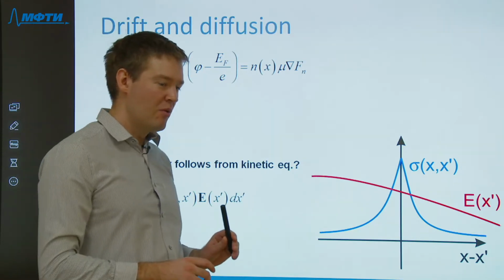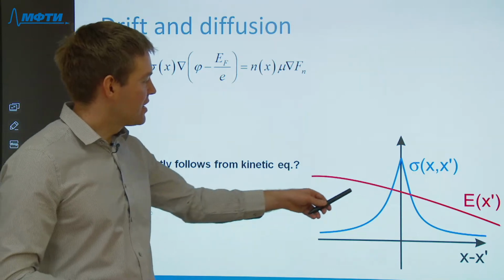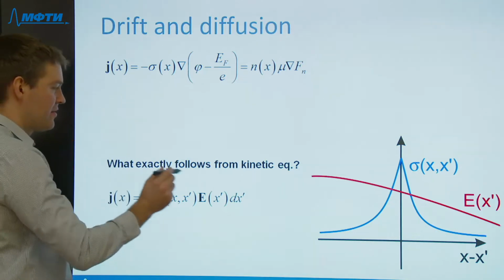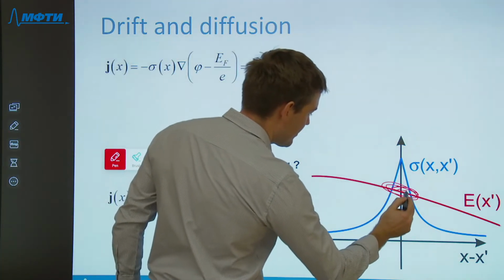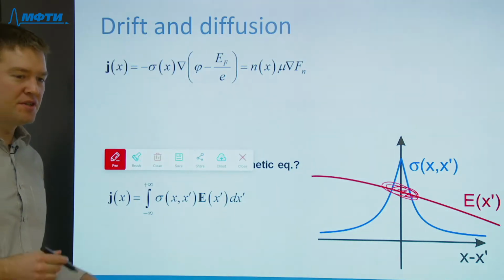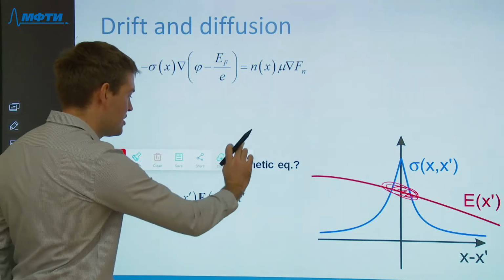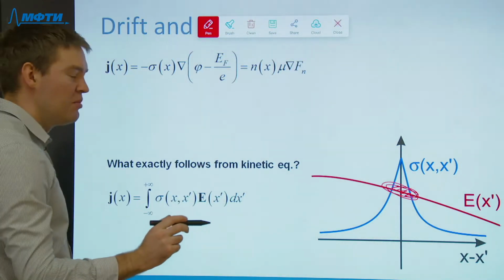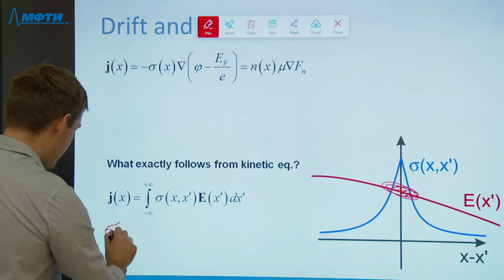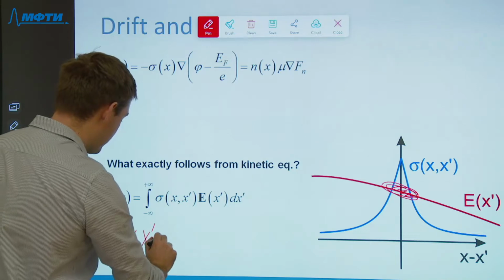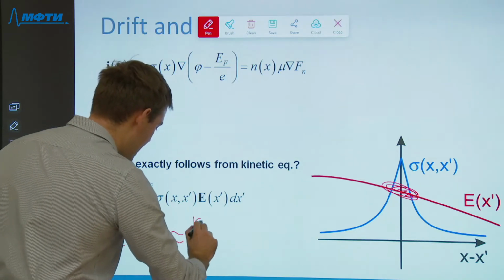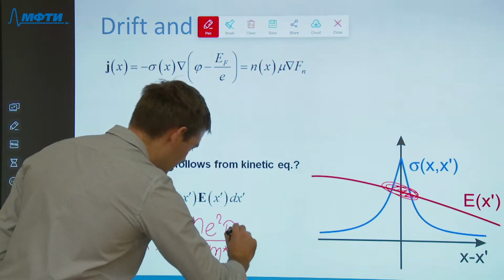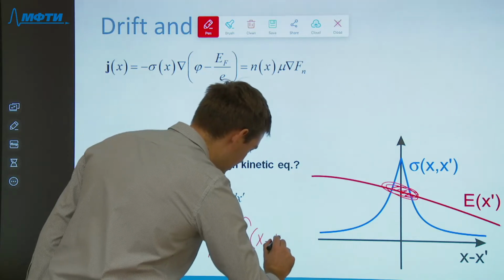So typically, when we integrate the conductivity and electric field together, only the electric field at these points makes sense, and we restore our local approximation to the carrier transport in semiconductors. So in most situations, the conductivity kernel sigma(x, x prime) can be approximated as the Drude conductivity, n e squared tau divided by m star, multiplied by the delta function of x minus x prime.